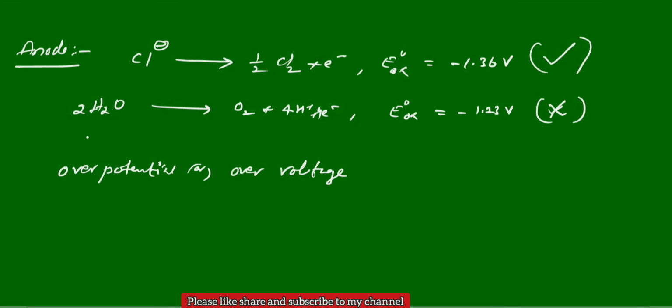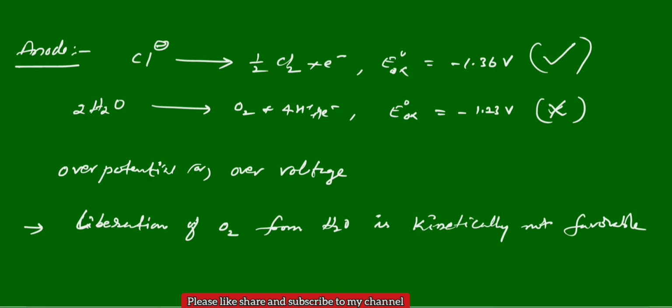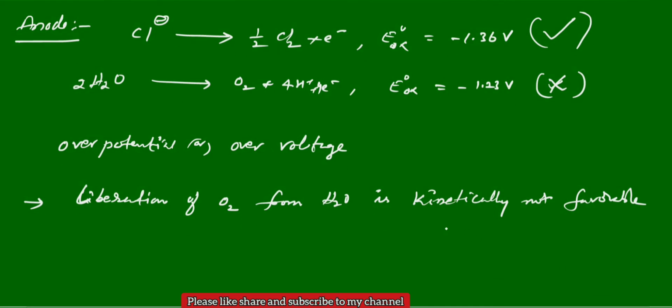It is a very slow reaction. Even though it is thermodynamically favorable, it is kinetically not favorable. So one statement here: liberation of oxygen from water is kinetically not favorable. Means the rate of the reaction is very slow. So here the rate is very low.